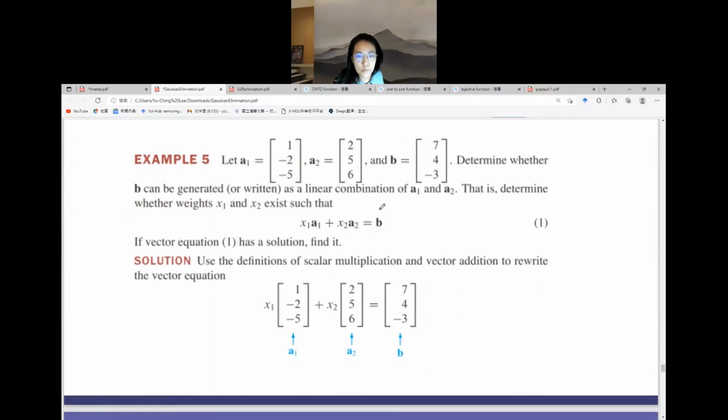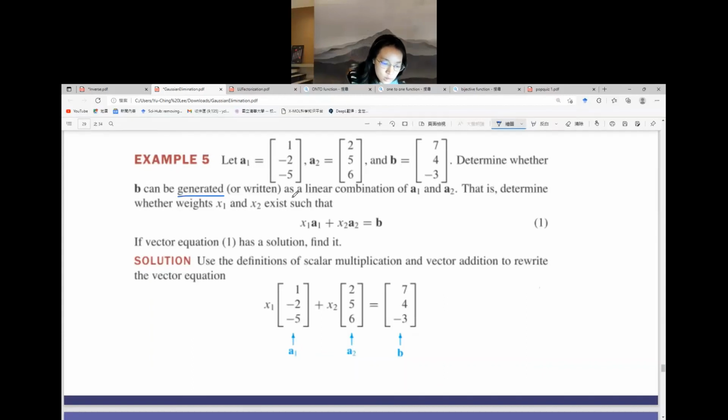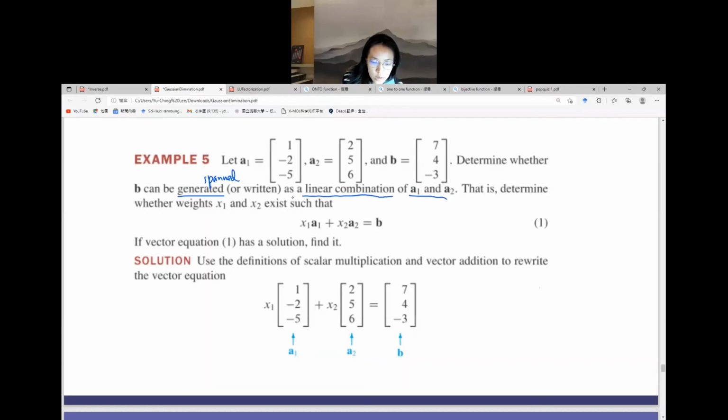Okay, so the next example, now we have three-dimensional vectors a1, a2 and b. Determine whether this vector b can be generated, or spanned, as a linear combination of a1 and a2.